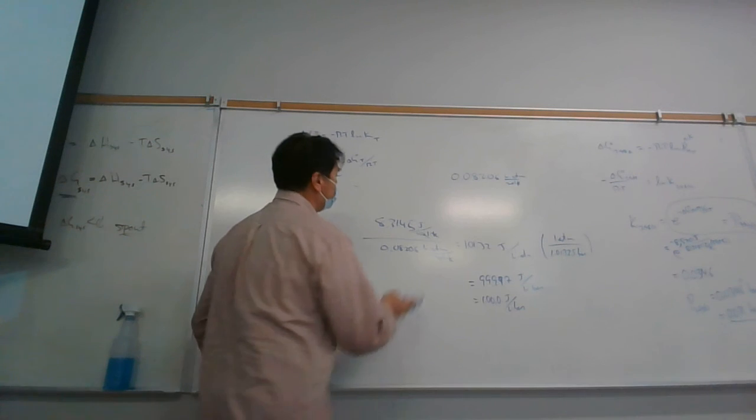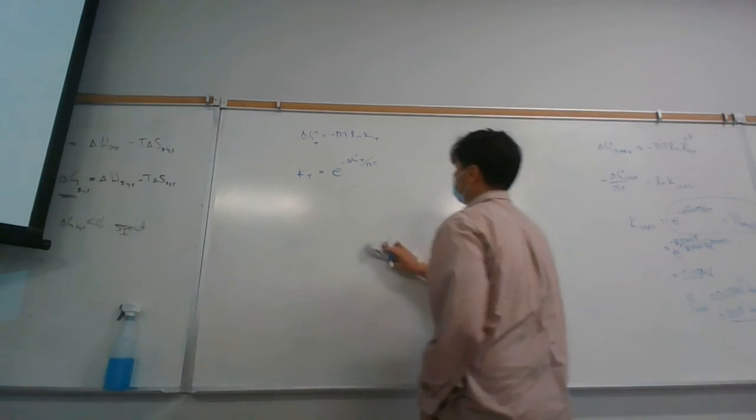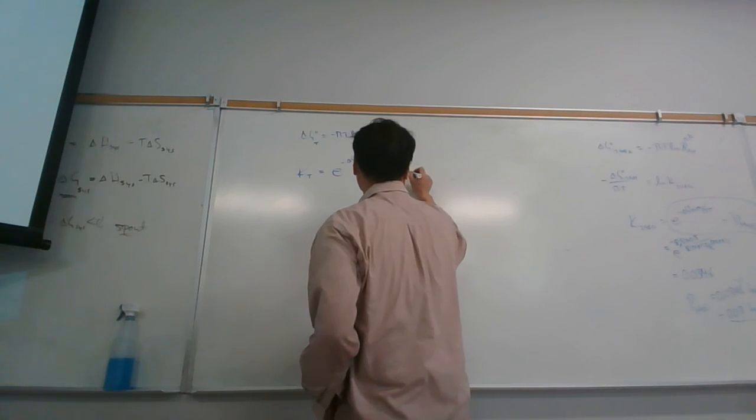If we don't have delta G naught at that temperature T, then we can calculate what it would be by using this.